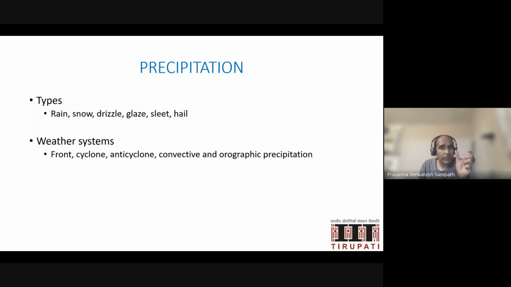Now, convective precipitation refers to rainfall that typically happens during the summer when you have a very hot day. When you have a hot day, the air gets heated up on top of the land surface and rises up, and when it rises up, it creates a low pressure above the hot land surface.